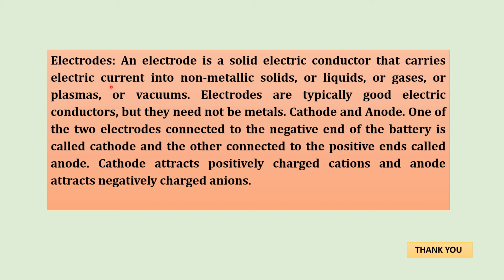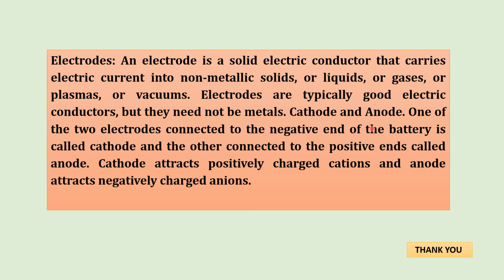Now the definition of electrodes. An electrode is a solid electric conductor that carries electric current into non-metallic solids or liquids or gases or plasmas or vacuums. Electrodes are typically good electric conductors, but they need not be metals.